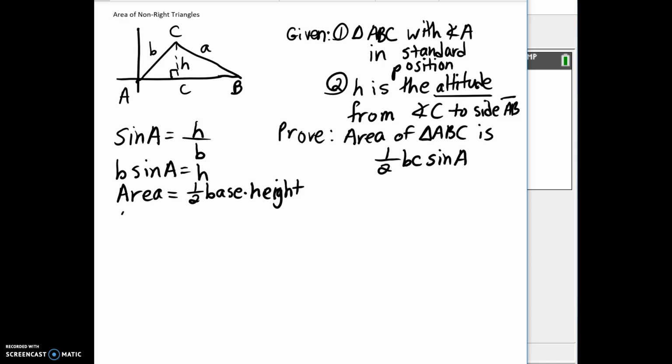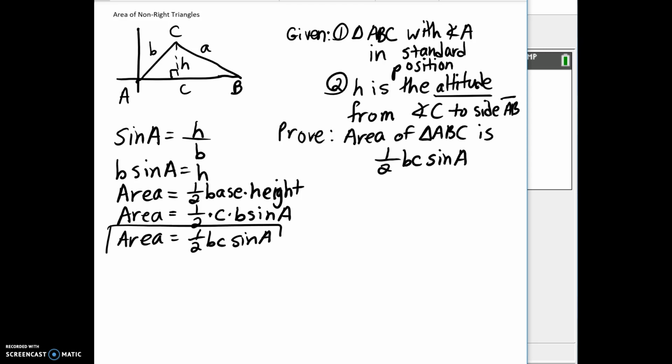Now in this case, our base is C. So I'm going to do 1/2 times C, and the height is, sorry, the height is B sine A, so times B sine A. And then from there, we get that our area, just in terms of rearranging it, is 1/2 BC sine of A. And there's a couple variations of that.